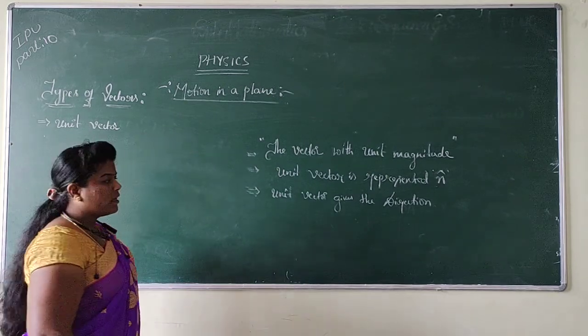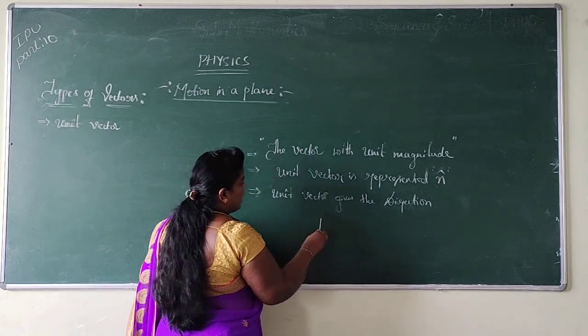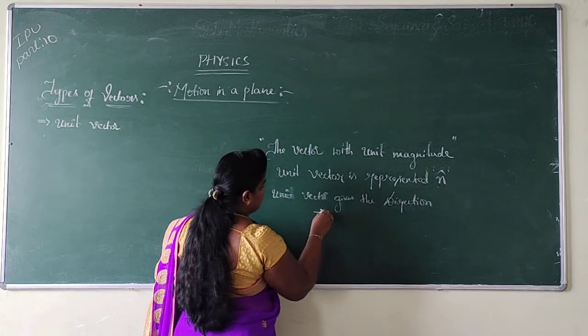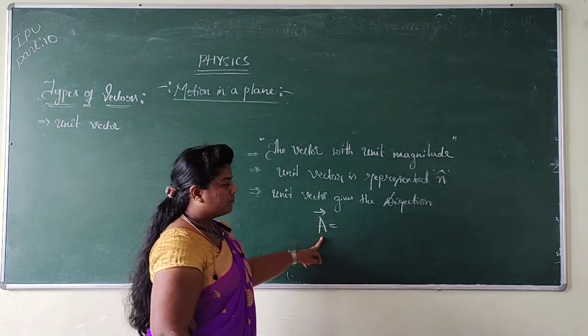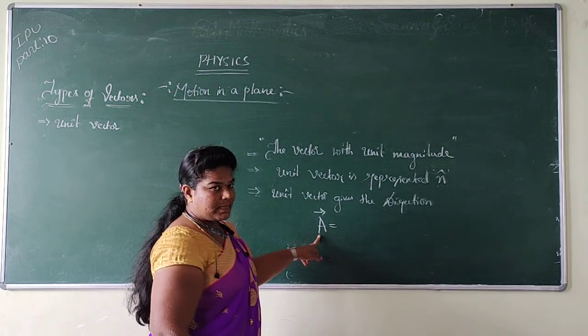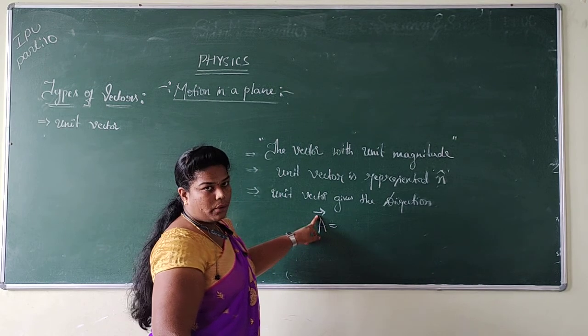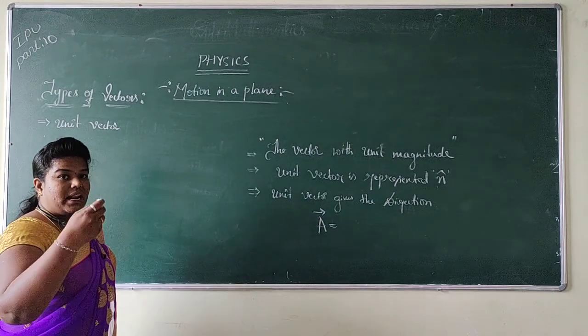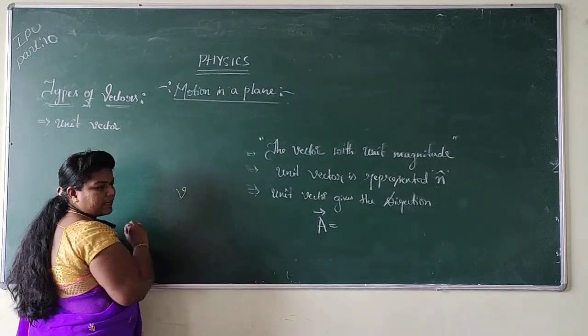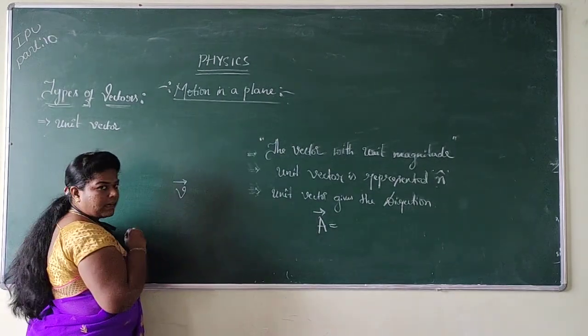Dear students, suppose I want to write a vector, I said that if I consider A as a vector, always the vector is represented with an arrow head. If you want to write some other vector like velocity, because velocity is a vector, write it as V vector.